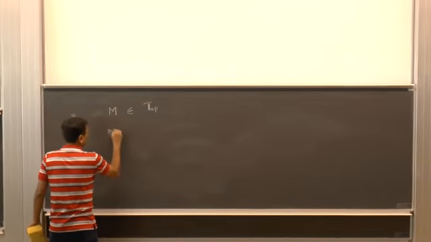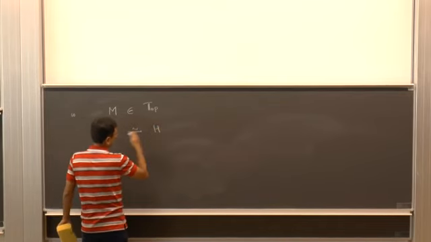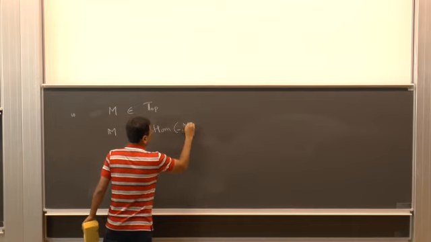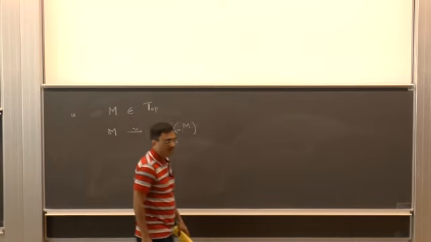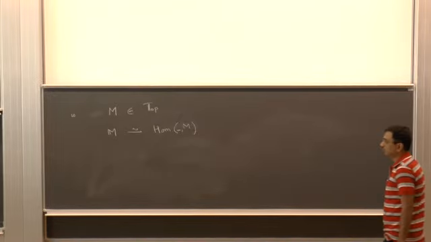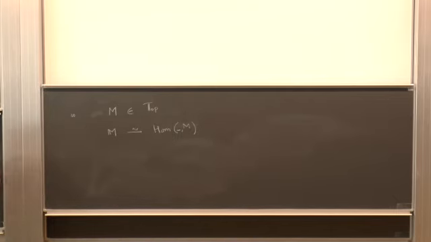So I have this bold M, which is a functor, and it is isomorphic, equivalent, to the functor of points defined by M. This is what I mean by a fine moduli space for this moduli problem. We have seen two examples, one in which the moduli problem has a fine moduli space, and another in which the moduli problem does not have a fine moduli space.